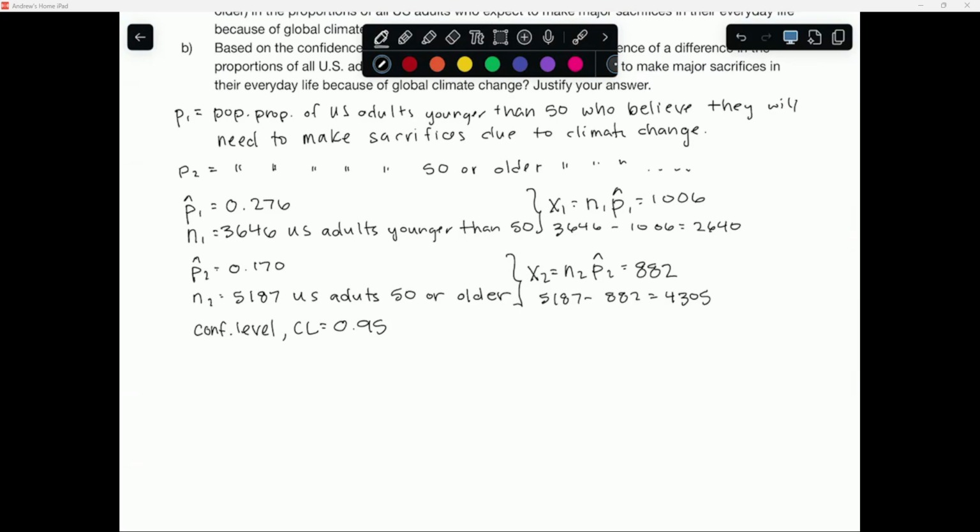I'm going to quickly do my confidence level. Whoops, that is a horrible bell curve, Mr. J. That's still a horrible bell curve. Z star, 0, 1, 2, 3, 1, 2, 3. I know that 95% sits at about 2.